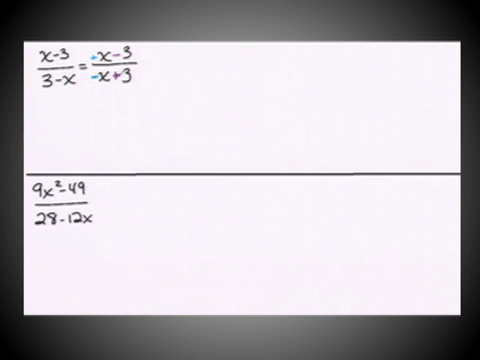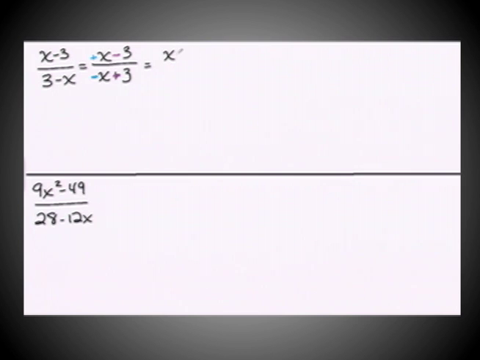The next step is to factor the negative 1 out of the opposite factor. And since our denominator is the factor with a leading negative term in it, that's the one that we'll factor the negative 1 out of.